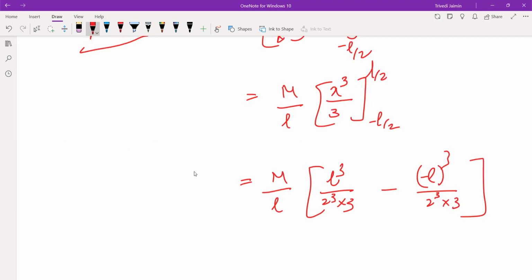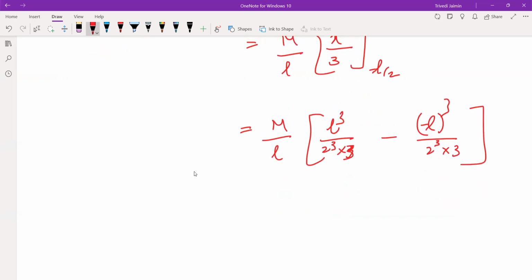Upper limit minus lower limit. You know this, right? So what will you get? Tell me the final form of I.